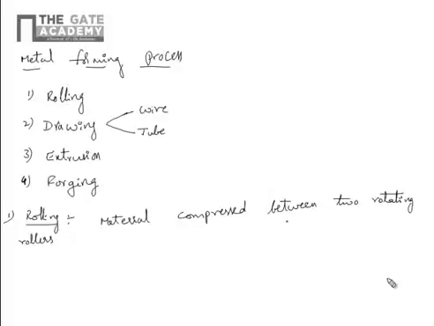The rollers have to be of the same size. That's the first condition we need to take. Otherwise they will deviate; the strip which is coming out will deviate. So this one is the initial size of the strip.